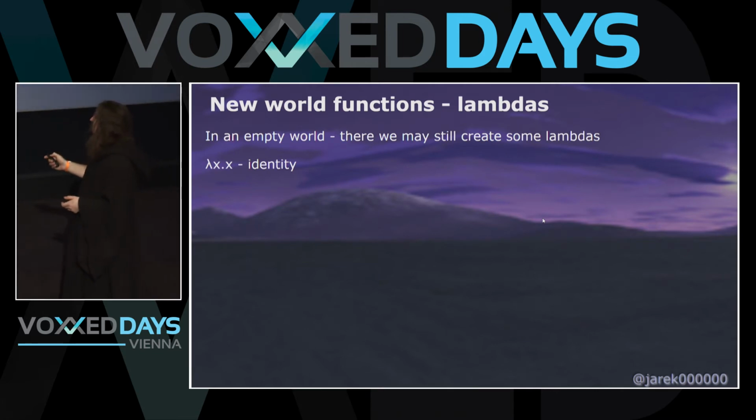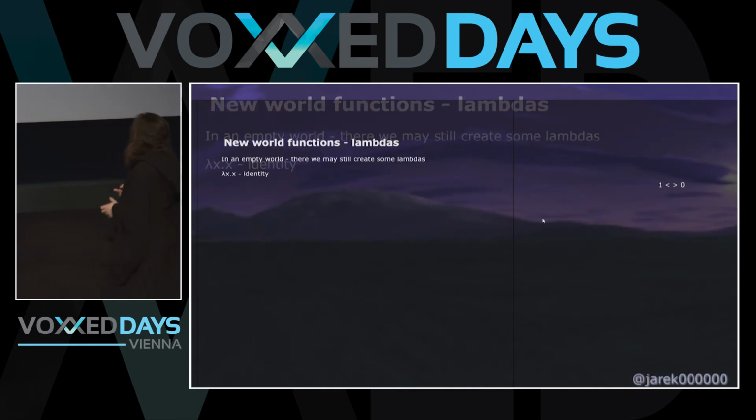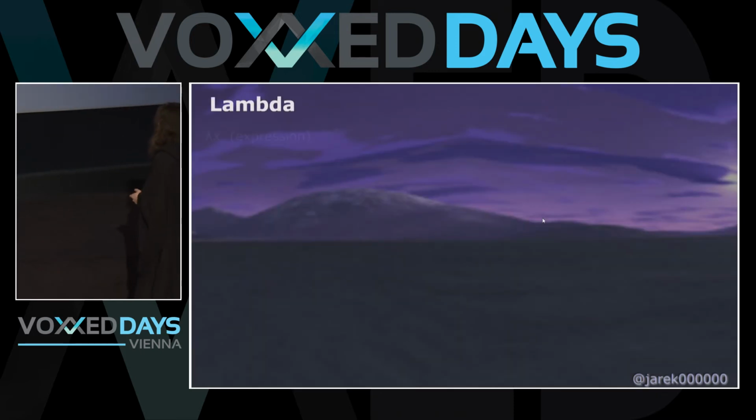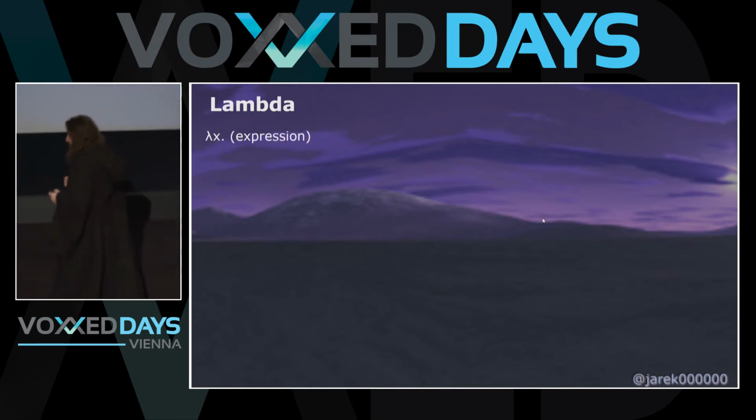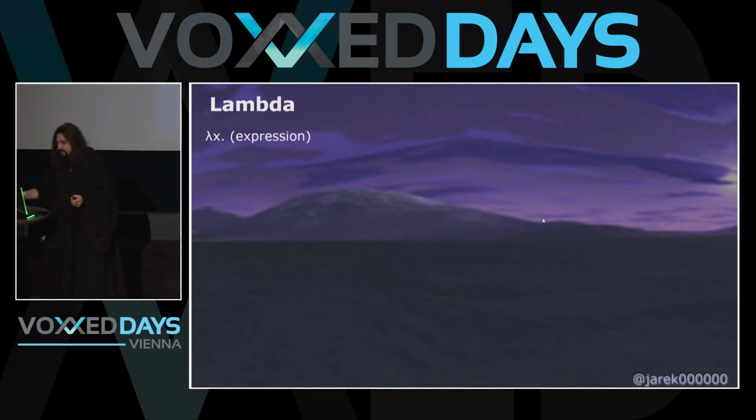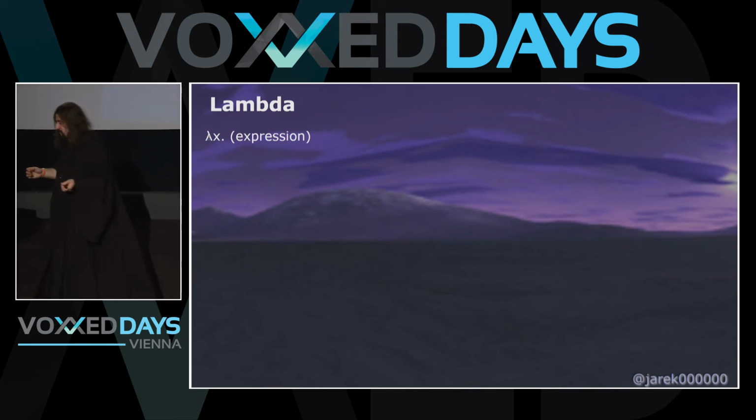So how do they write it? You will see it on Wikipedia. It's basically only to make things more complicated. I will explain this definition, but it's just the function identity. So what is a lambda? If you go to Wikipedia, you will see this, but let's define our functions this way. We'll use the symbol lambda because it was just a fancy symbol that wasn't used at that time.